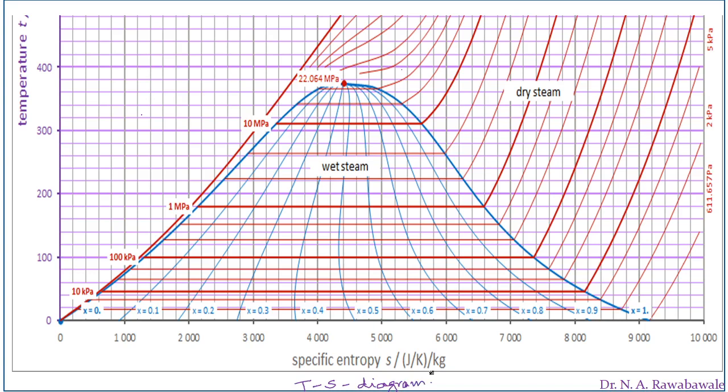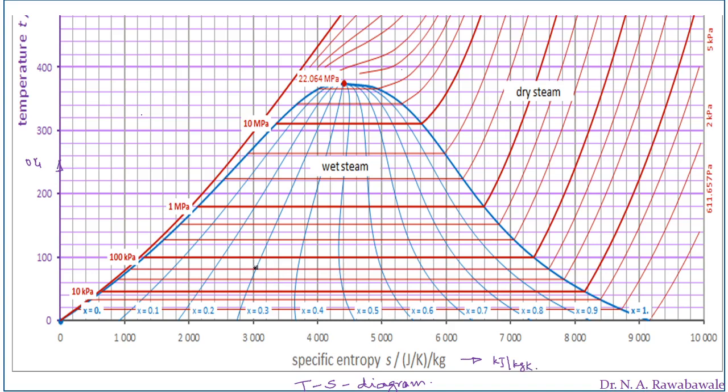What is this TS diagram going to contain, and what are the things which we can study from it? On the y-axis, temperature T is represented in degree Celsius, whereas on the x-axis specific entropy is given, in some of the diagrams in kilojoules per kg Kelvin.